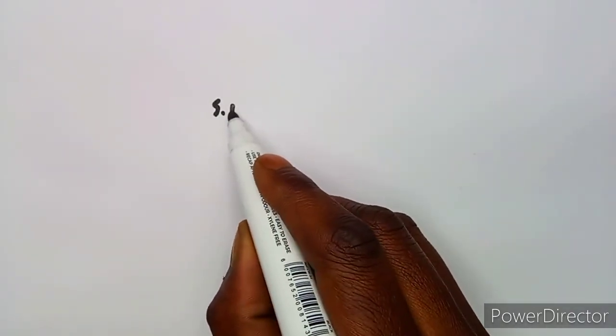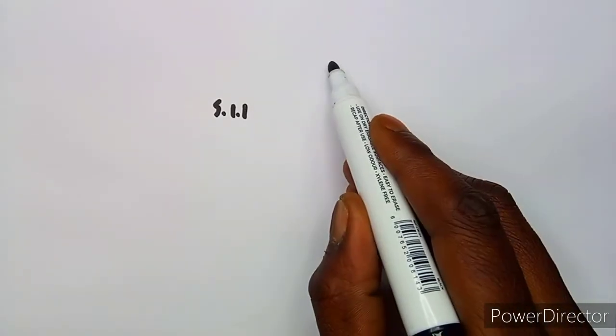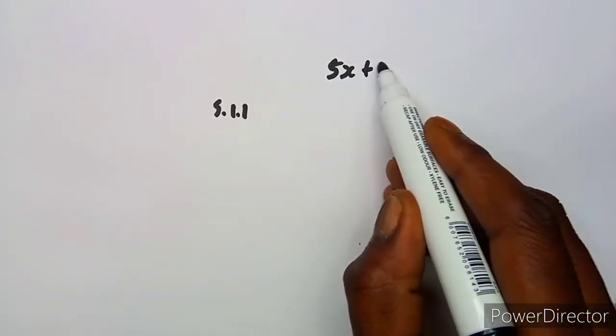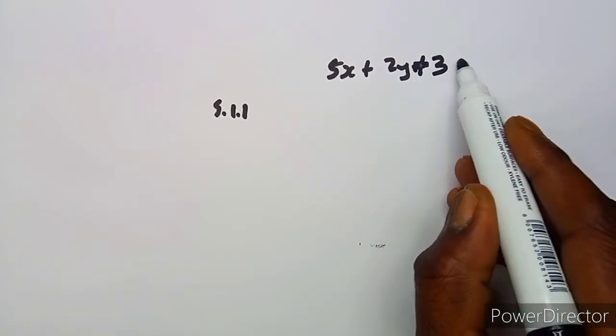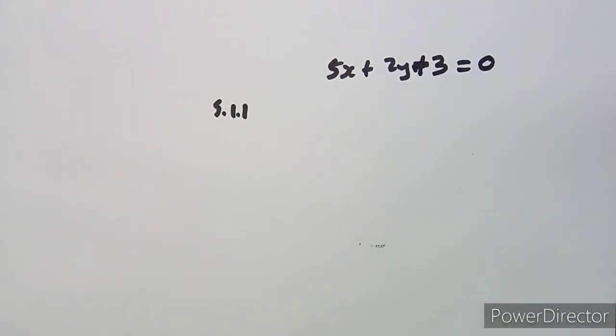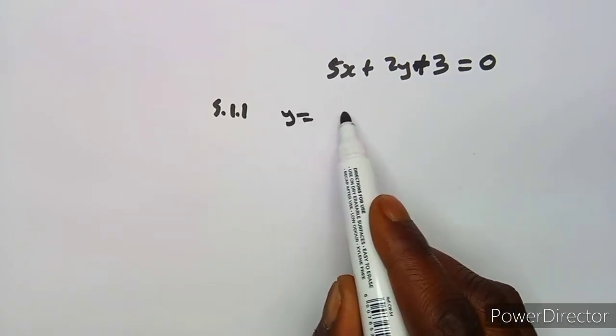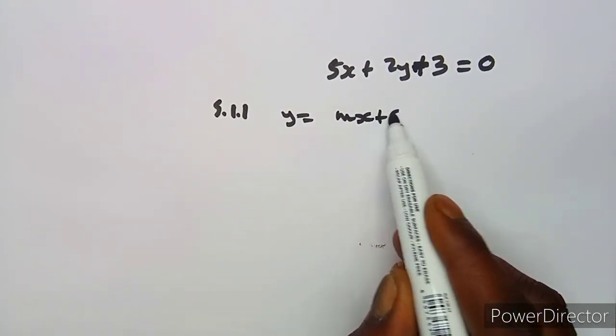So you're given an equation, which is 5x plus 2y plus 3 is equal to 0. That was the equation, guys, and you're asked to write this in standard form. Remember, the standard form we have to write in the form y is equal to mx plus c.